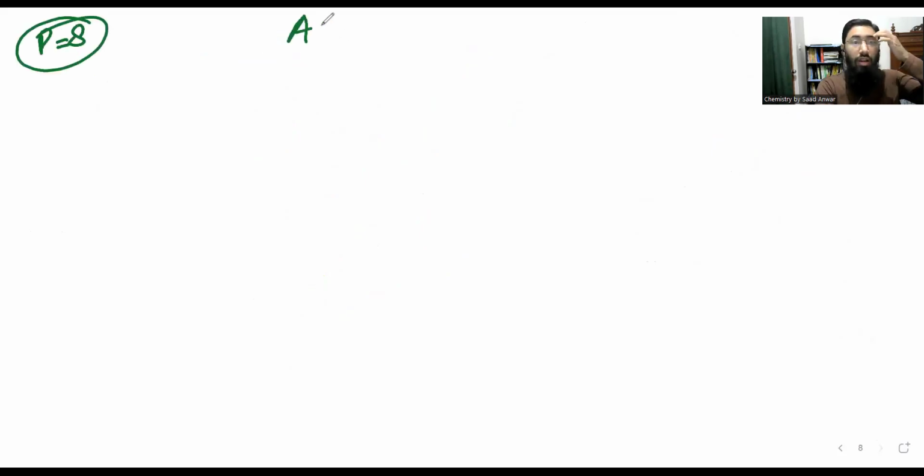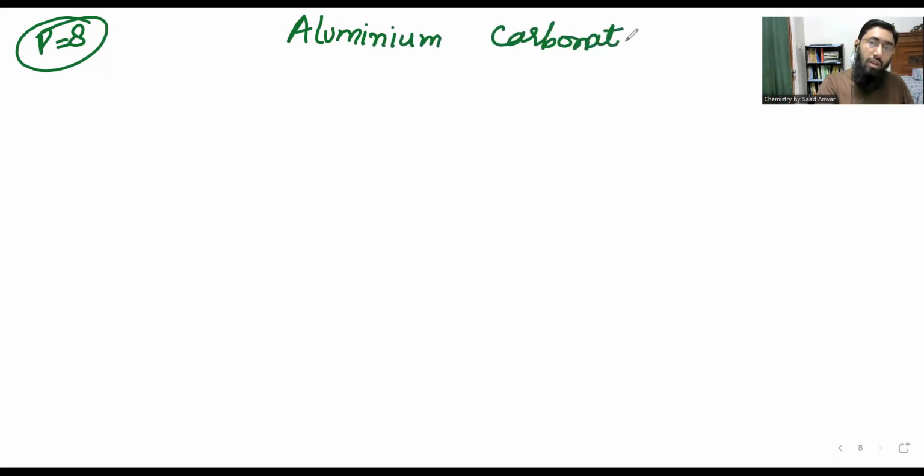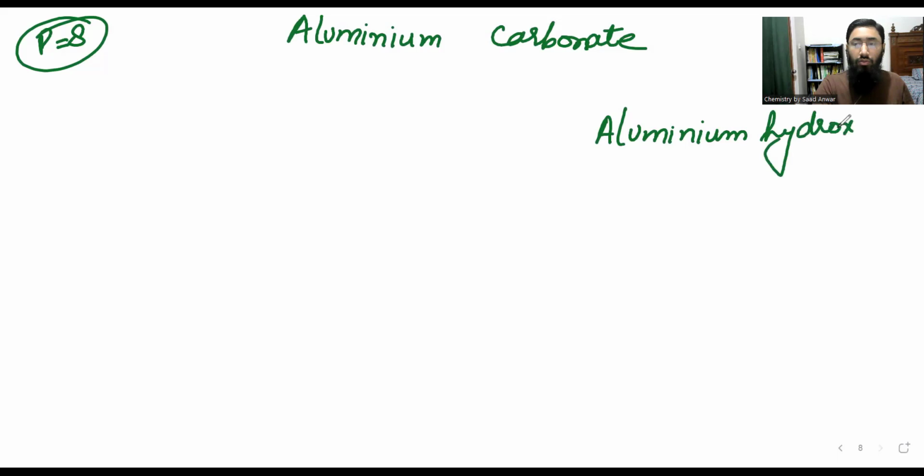Now aluminium carbonate and aluminium hydroxide. For aluminium, we have aluminium plus 3, and we can get this from the periodic table as well, to check the group number.